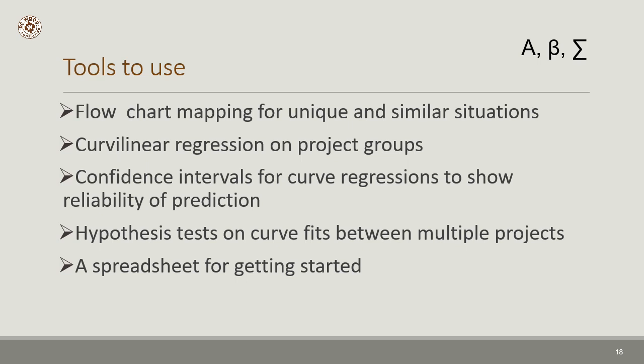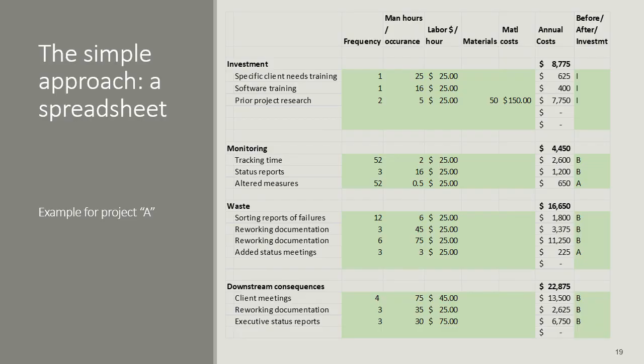Now there's another tool we're going to talk about here, a way to get started. And you can use a spreadsheet to do a single project cost of quality. Let's take a look at that. This is an example of a spreadsheet that I developed working with a client. They were trying to measure the cost of quality on a lean project that they had put into place, or perhaps the word agile would be better here.